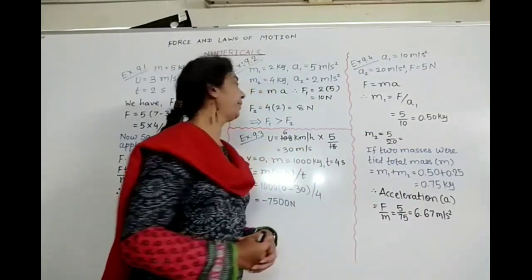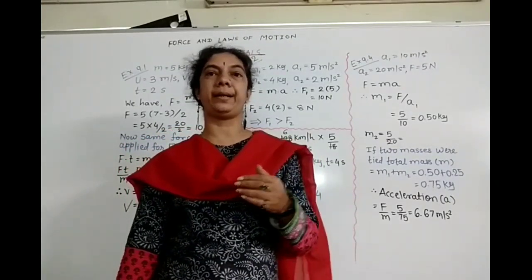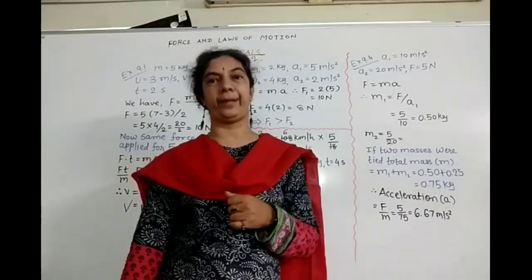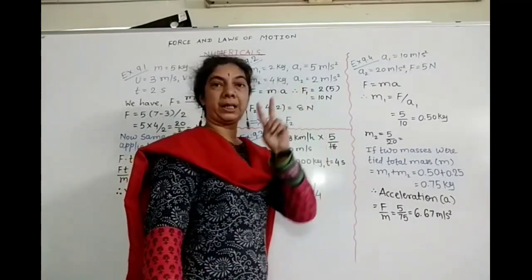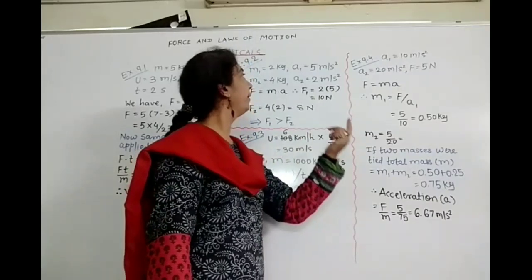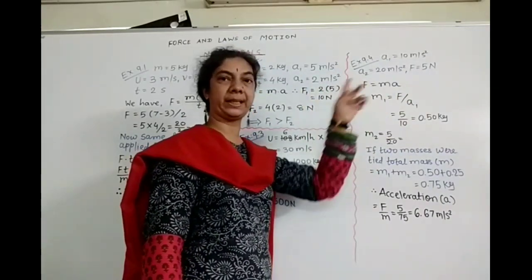Then the second numerical, very easy. It is given that we are having two objects and we want to accelerate them in different ways. First object is having mass 2 kg and we want to accelerate that for 5 meter per second square.